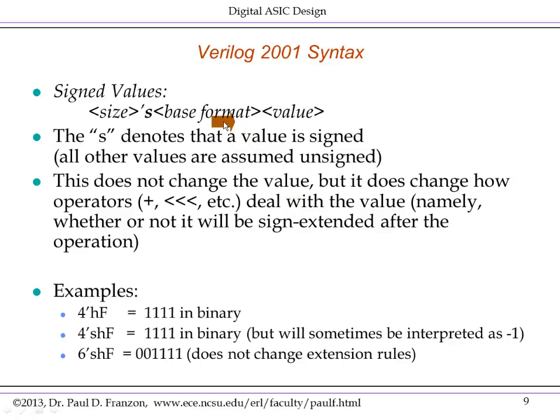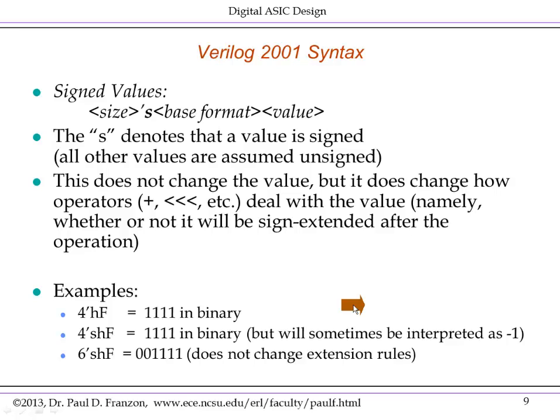Apart from that, everything else in the specification is the same. So here's some examples. 4'hF is just 1111. 4'shF is also 1111, but with certain operators will be interpreted as -1. 6'shF is 001111.